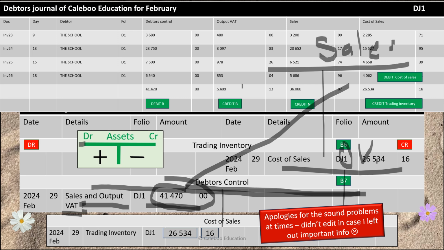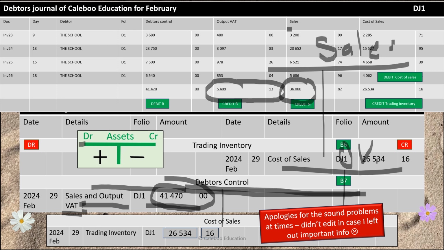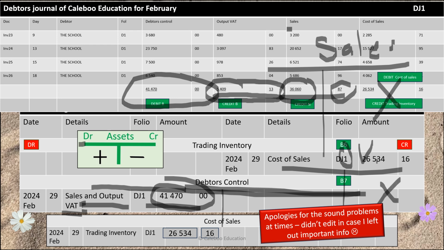Output VAT is 5,409.13. Sales is 36,060, and let me check the cents, 87 cents. There it is. Those two amounts added together equal 41,470. So in sales will be the sales amount, and output VAT will be the output VAT amount.